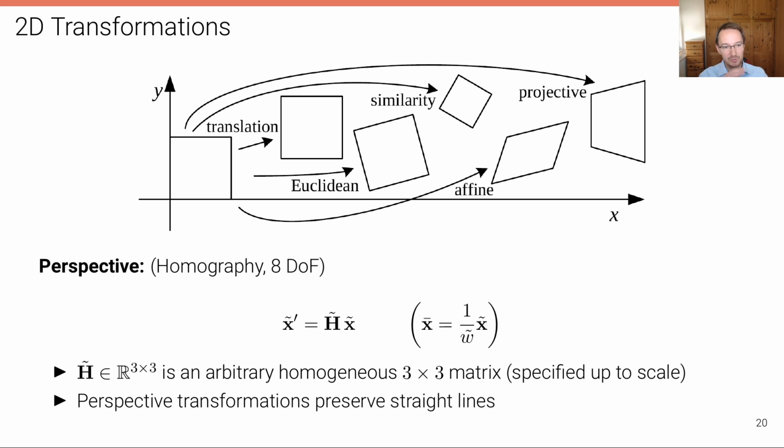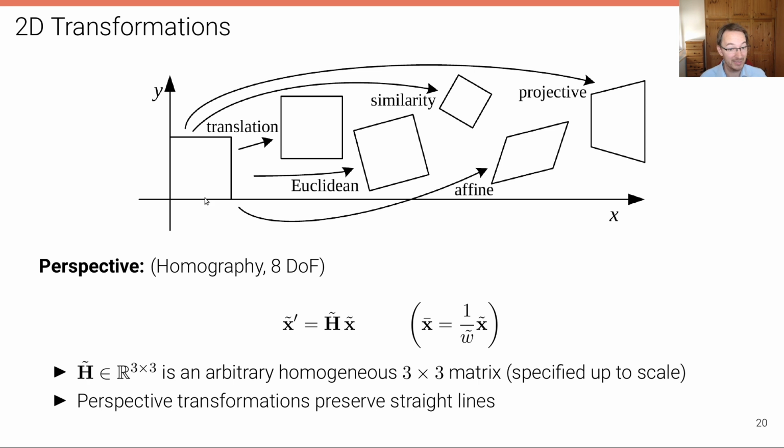And then finally, the most general transformation that we can define with such a linear homogeneous equation is the so-called perspective transformation or homography. And an example is given here. Now, every point on this square can transform to a different location.